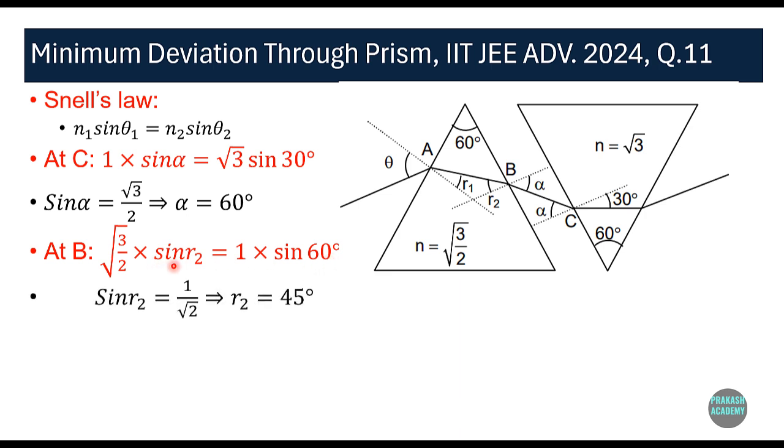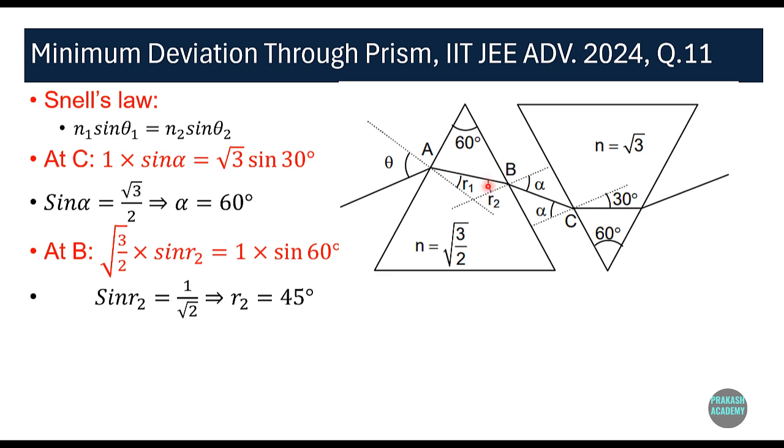So from here I can write sin R2 equals sin 60, which is root 3 by 2. So root 3 will cancel, and root 2 will cancel with 2. So I will have 1 by root 2 left here. Sin R2 equals 1 by root 2, this means R2 equals 45 degrees. So now I know this angle, that is 45 degrees.